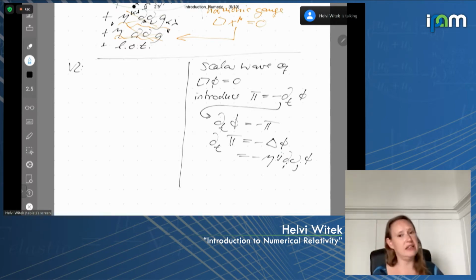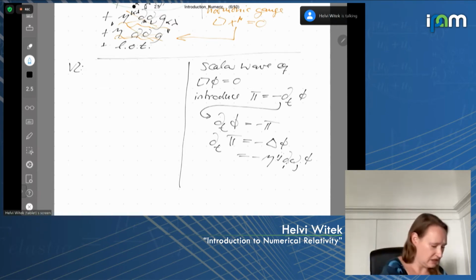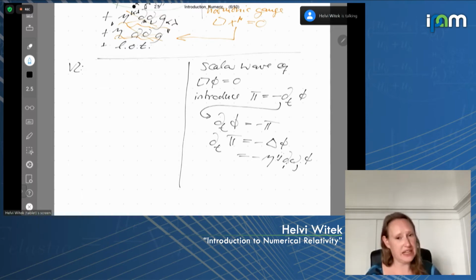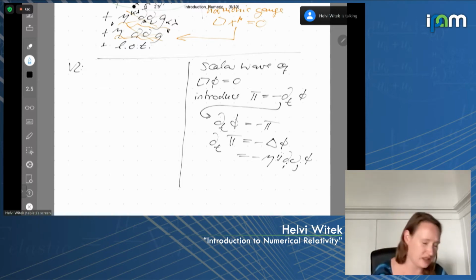Now let's compare what we have for our ADM equations, or ADM-York equations, that we've written down earlier. Again, I will only take the leading derivative terms to analyze the structure of the equations, right? So I don't care about the lower order terms now.